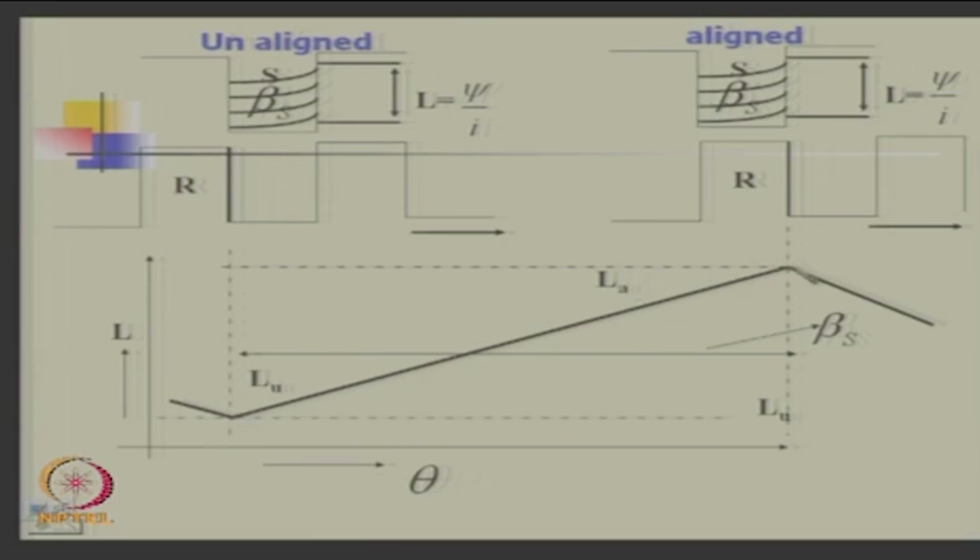So this is the variation of inductance from unaligned to aligned. This is a positive gradient of inductance, then it will go back to negative, going through a cycle, the variation in space. Any doubt up to here?